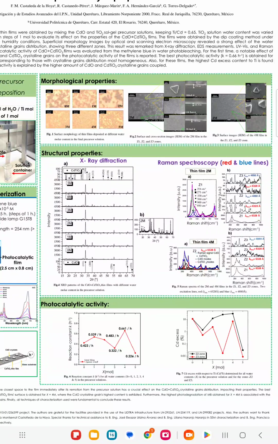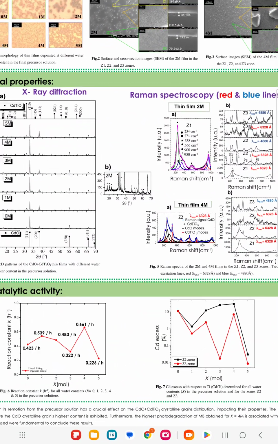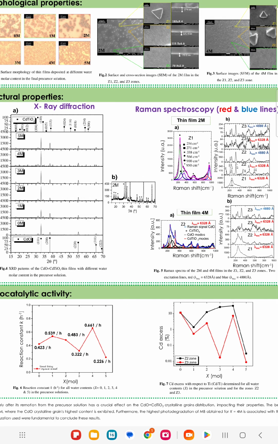From EDS measurements, I obtained the cadmium excess with respect to titanium for all water contents in the precursor solution.